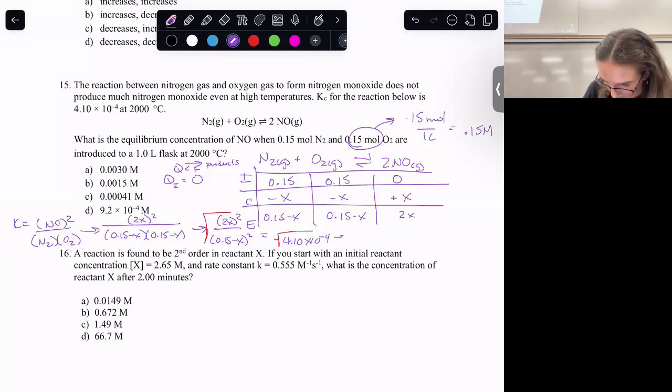This goes to 0.02 times x over 0.15 minus x. And then you can distribute and just solve for x that way. And x should be 0.003 molar.